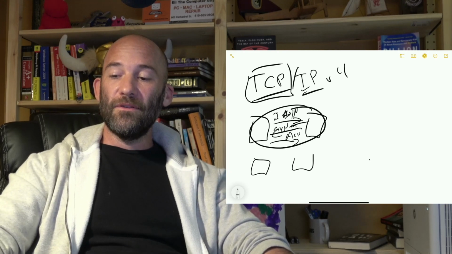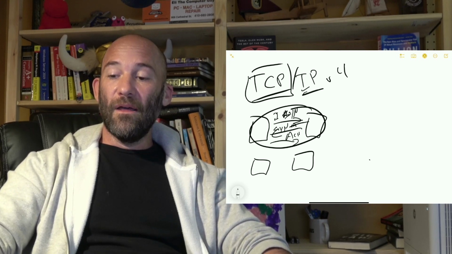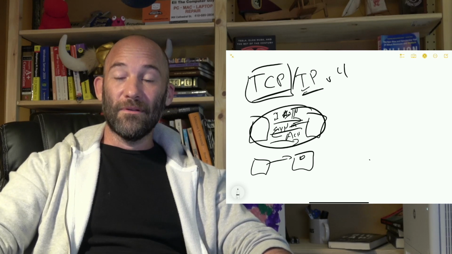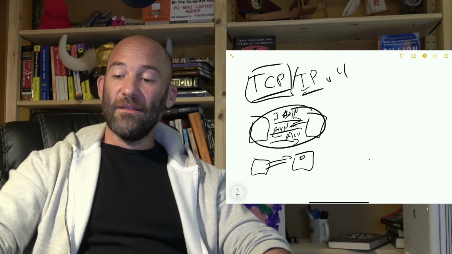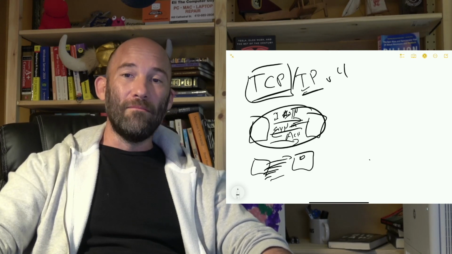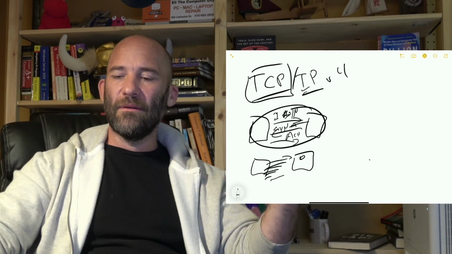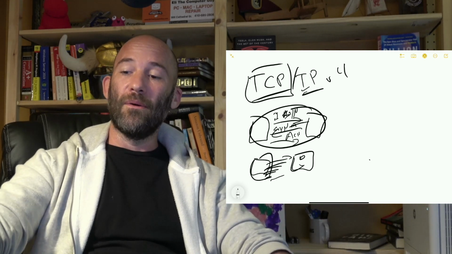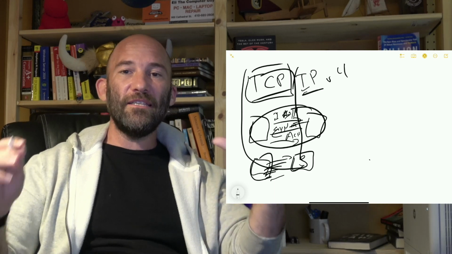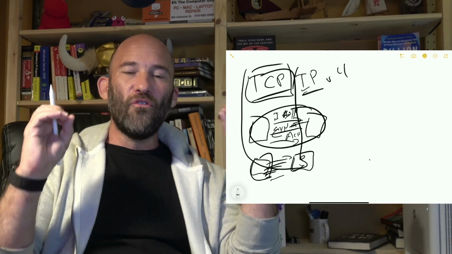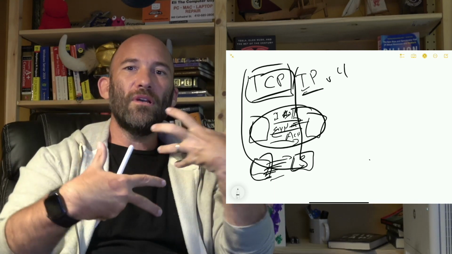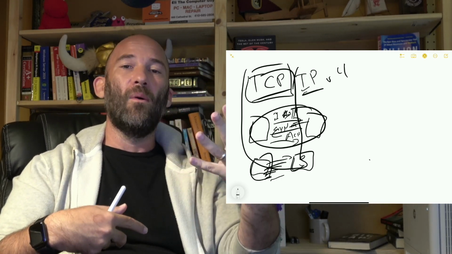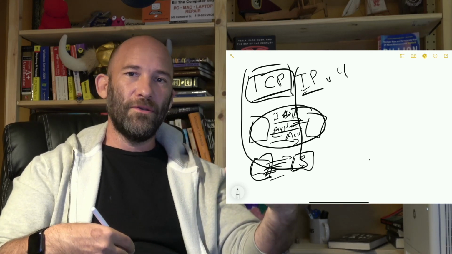So when the two computers are talking to each other, the first computer starts sending data to the second computer. The second computer says that it's receiving the data, and so then the first computer starts sending more and more and more. We talked about this in a previous video, but that's the TCP windowing. And so TCP is responsible for the actual communication at the transport layer, layer 4 on the OSI model, between the two computers.